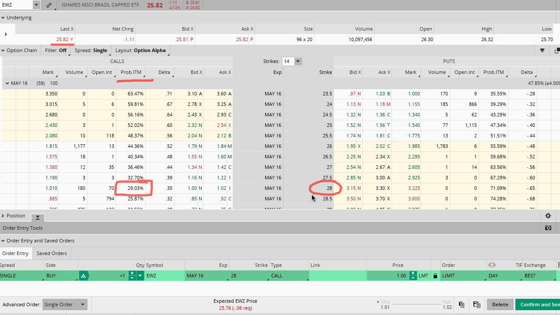If we take a 30% expected win rate times our investment of $100, we're looking at a profit potential of maybe $30 in this trade. So if we win, maybe we win 30 bucks, with a 30% chance that actually happens.